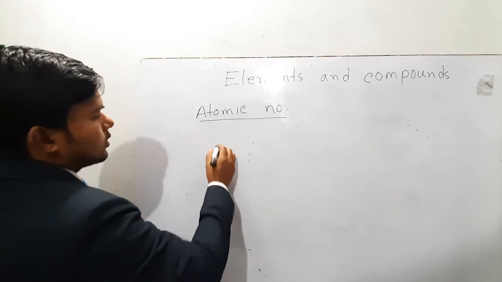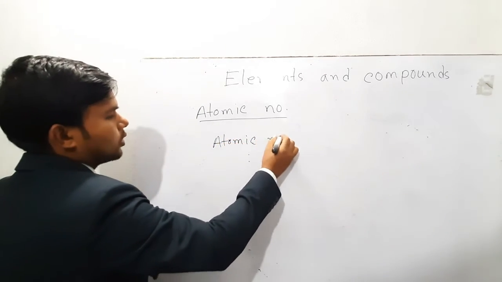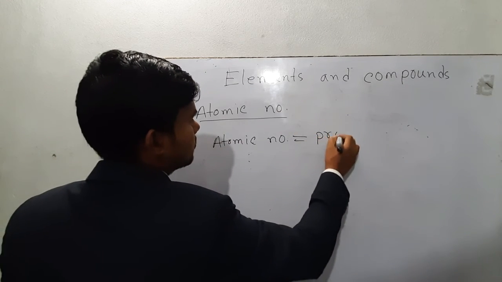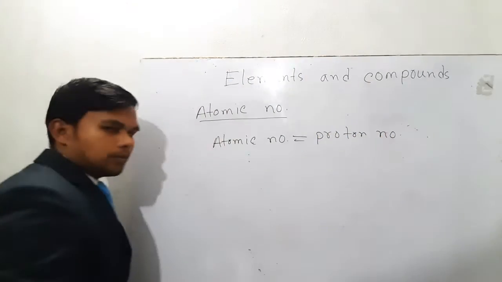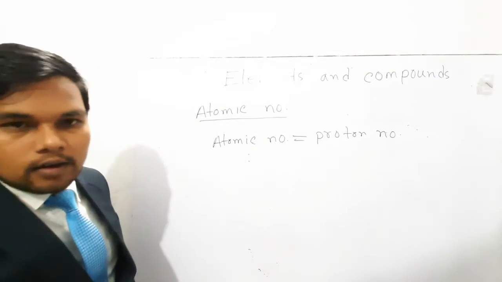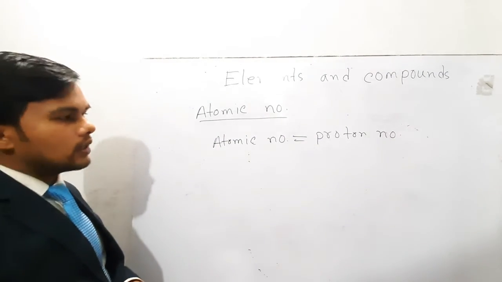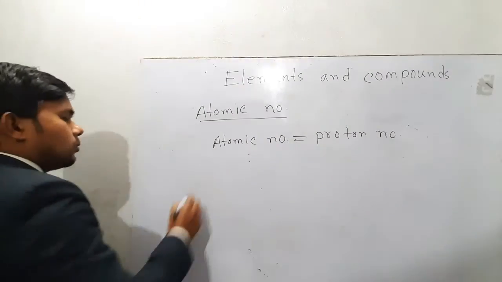So atomic number is equal to proton number. If some element contains 10 protons, then the atomic number is 10. If another contains 6 protons, then the atomic number is 6.